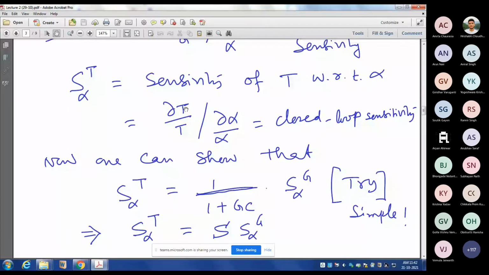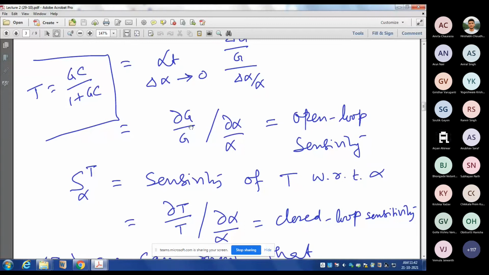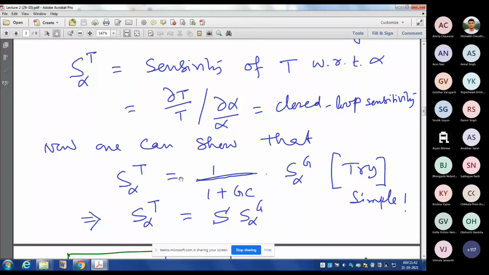You have to write what del T by T is in terms of del G by G. If you do that, you can easily see that S alpha T is equal to 1 by 1 plus GC into S alpha G. Got it? You can easily verify that. That's why I've written try. It is very simple.